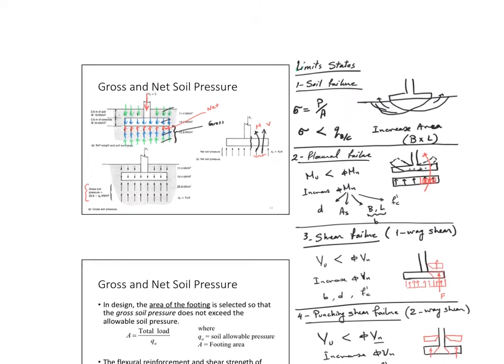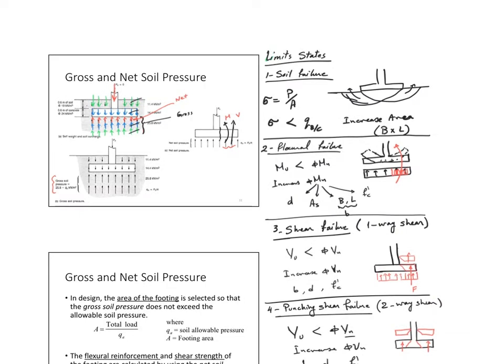So if I relate this to the limit state, I will simply say that all of them here will be affecting limit state 1, which means gross. So what causes limit state 1 is gross pressure. All of them together. Now what causes cases 2, 3, 4, and 5 will be the net.